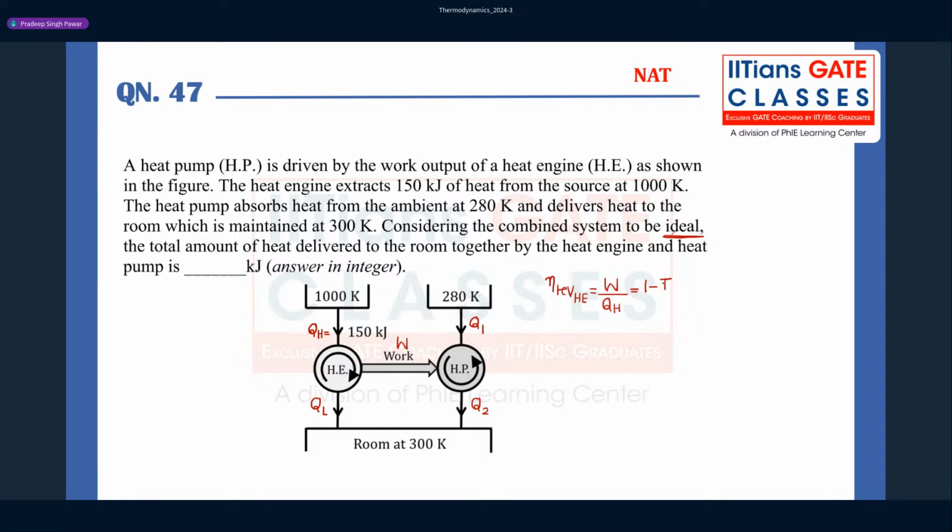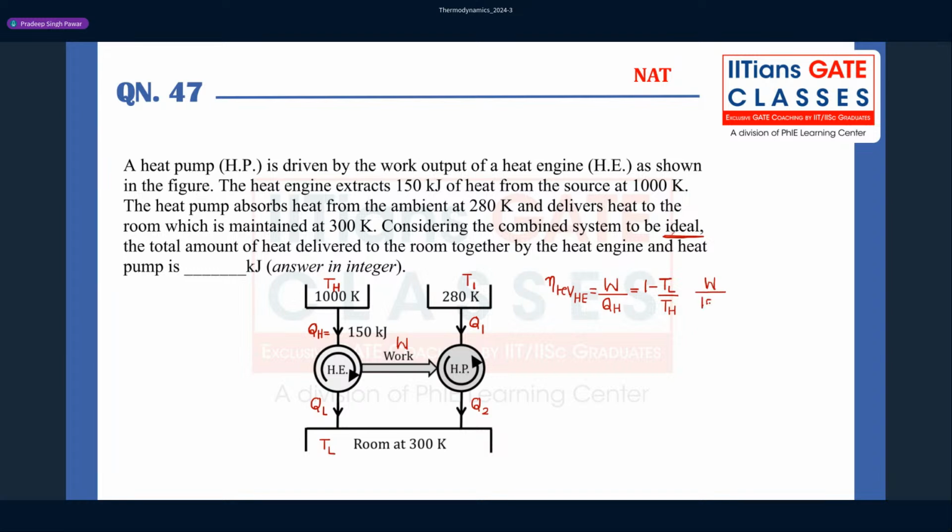So this will become 1 minus TL by TH, where we call this TH, and this TL, which I can also call T1. So W we will calculate from here.